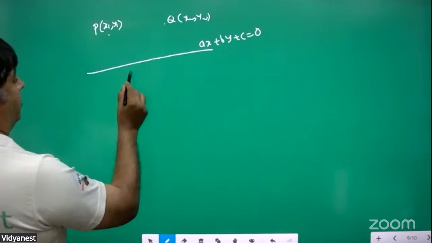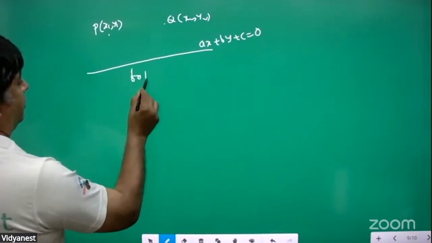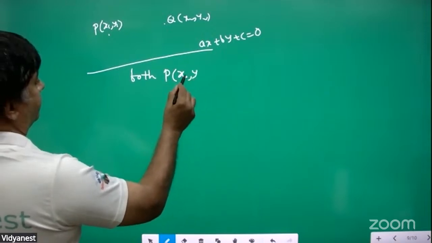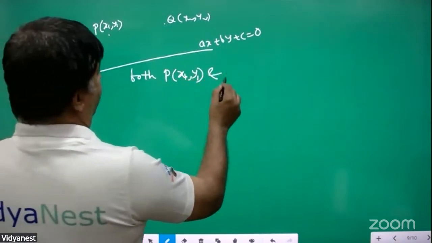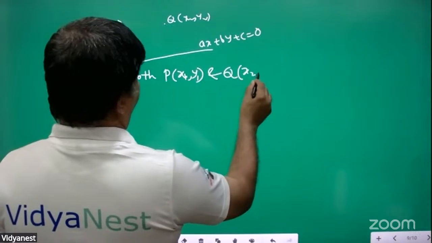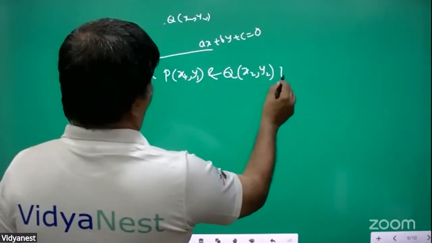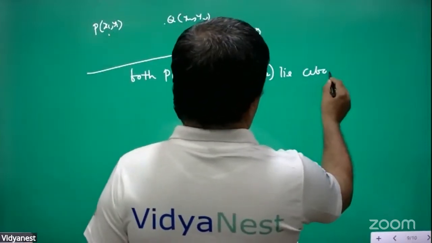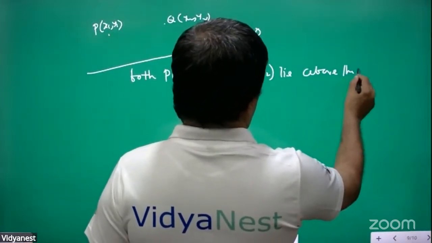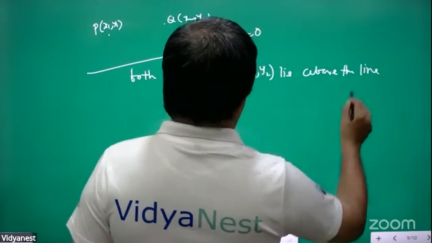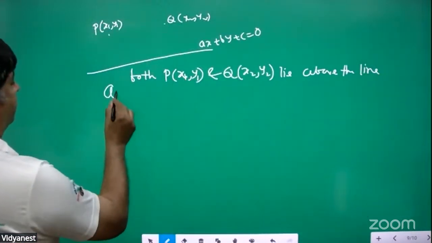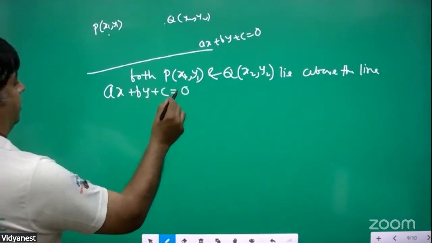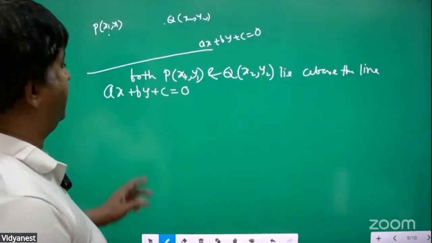Both P and Q lie above the line x + by + c is equal to 0.